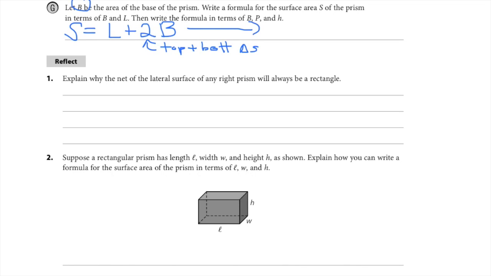It's a very skeleton formula for surface area, so when we're talking about a prism, that's going to be the perimeter times the height, or lateral area, plus 2 times whatever the base shape is.